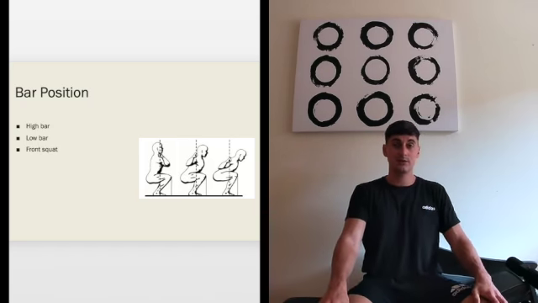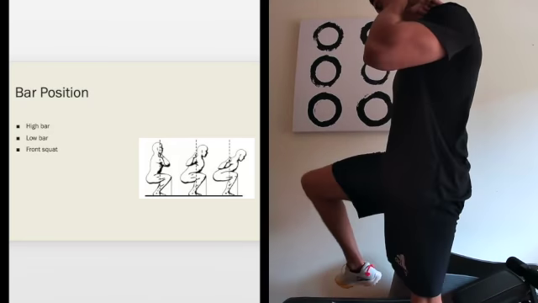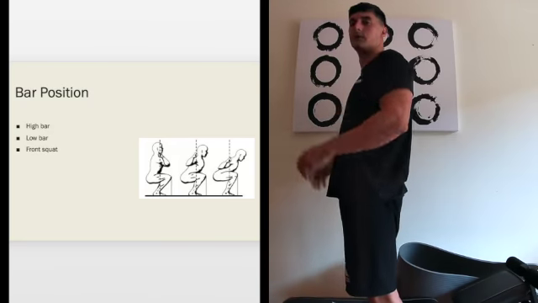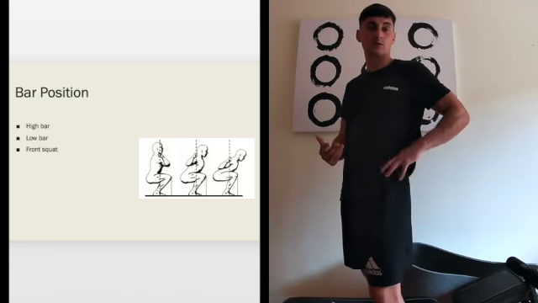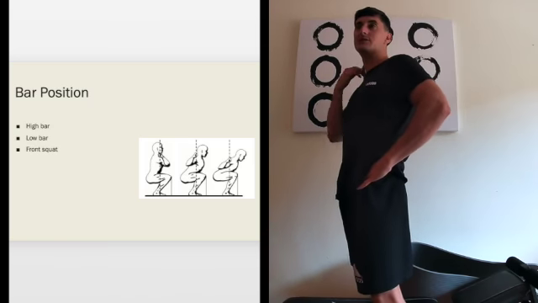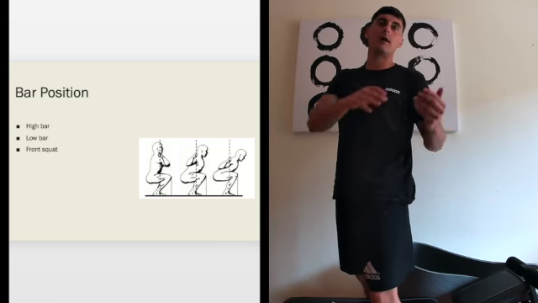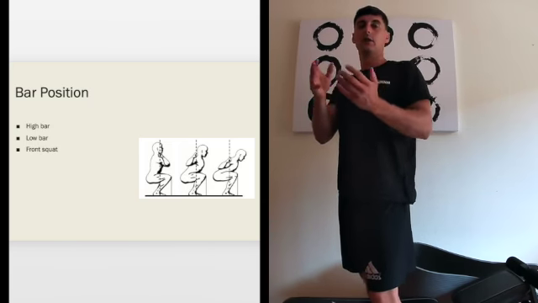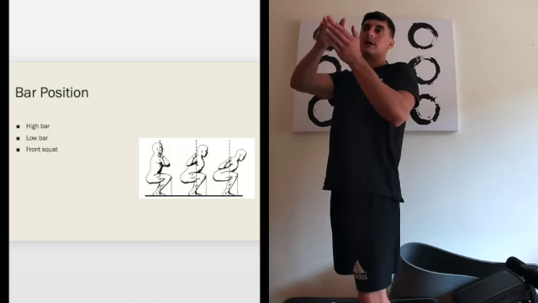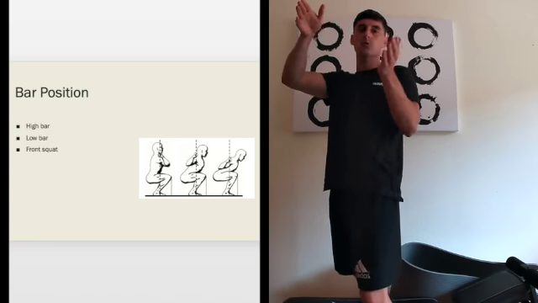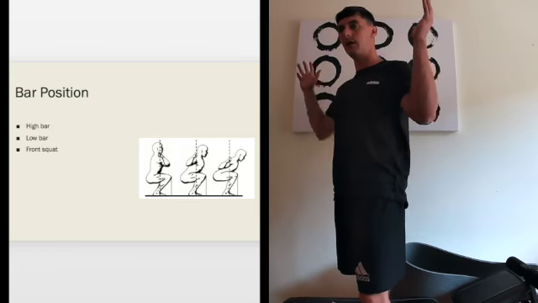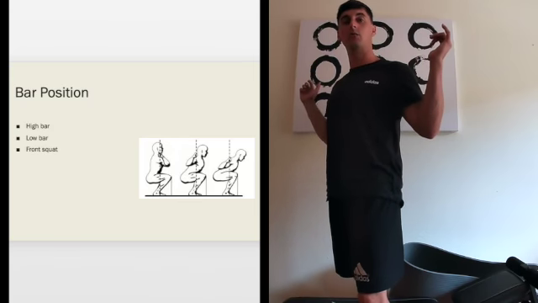Bar position. So whether you go high bar, low bar, or front squat is going to affect your squat form. And this you could say, well, that's different. You could say there's a low bar optimal squat form, high bar optimal, and then front squat. But again, it's going to be a continuum somewhere in there. Someone might be more comfortable lower.